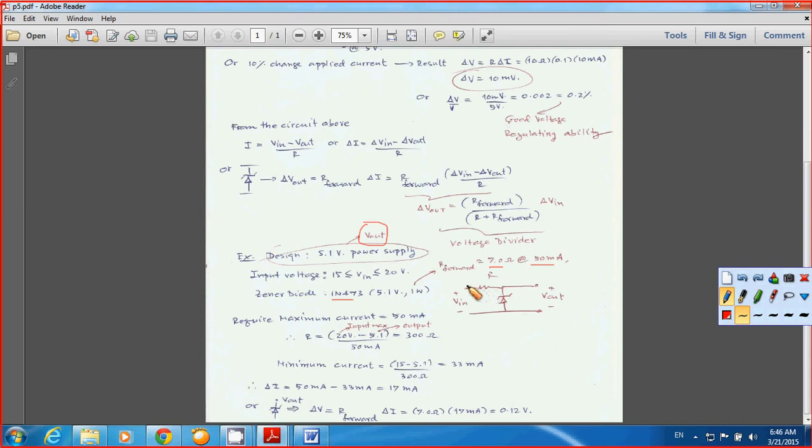Okay, design the circuit. That means you need to find R here, because you already know the Zener diode, you know the range of V in, and you expect V out here to be 5.1 volt.